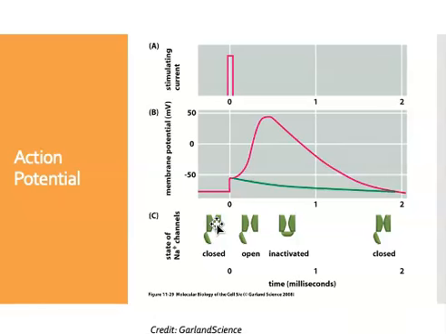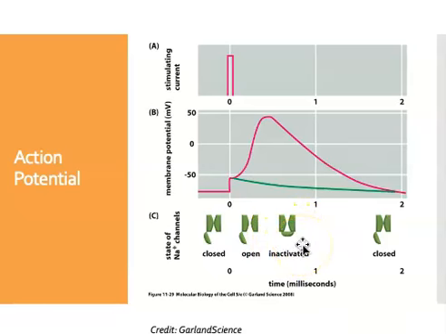Now there's a third state shown for these sodium channels, and that's a state called inactivated. In addition to there being a gate that closes in the middle of the channel, there's also a piece of the protein that sort of hangs down underneath the channel. And again, at certain voltages, this hanging down portion that we call the inactivation particle can actually change shape and swing over and inactivate the channel.